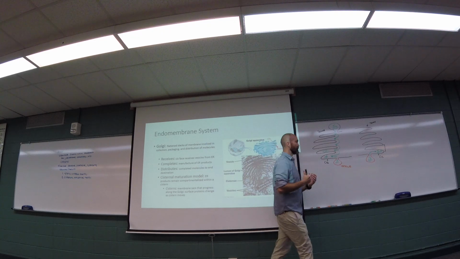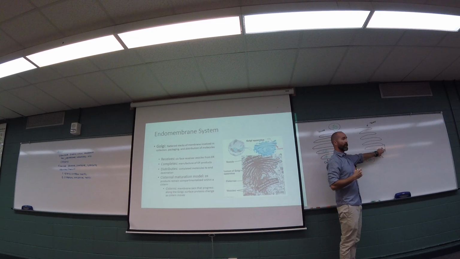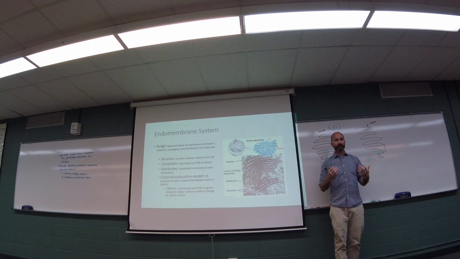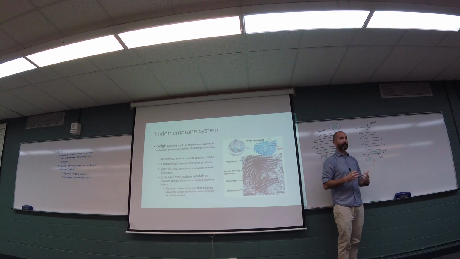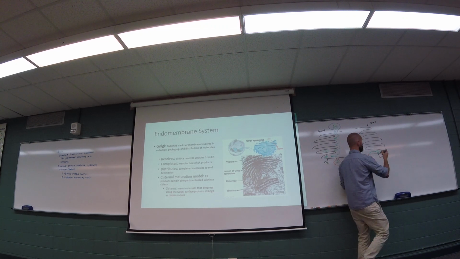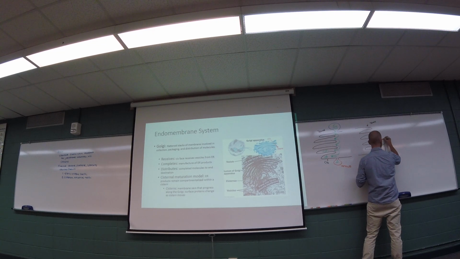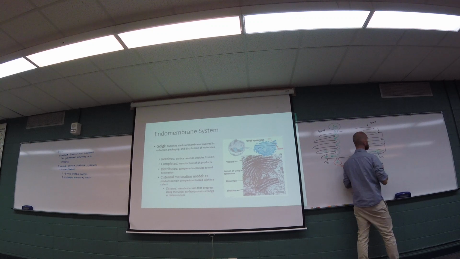So it'll have a unique composition of proteins in position 1, and then the cistern will move to position 2, and its composition of proteins will change. And then that protein will get manipulated in that position. And then that cistern is going to move up here, and then to this position, and then finally to that position.